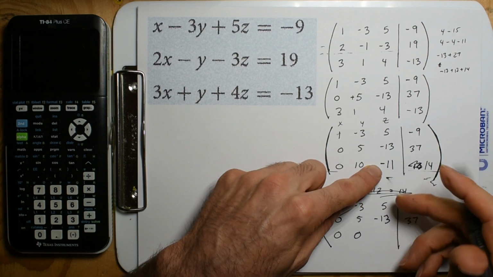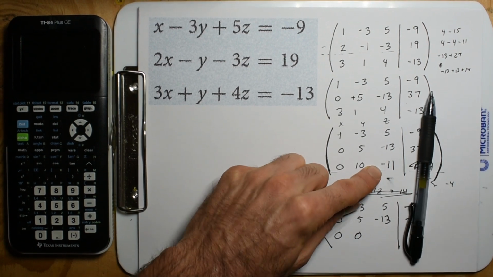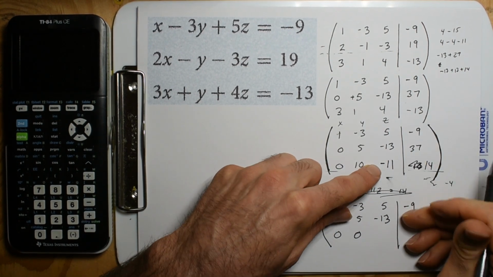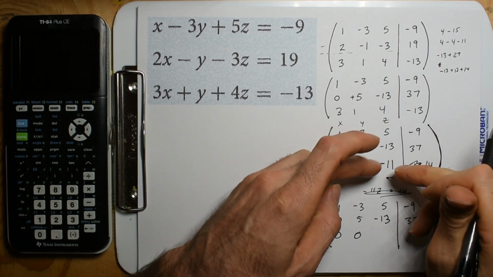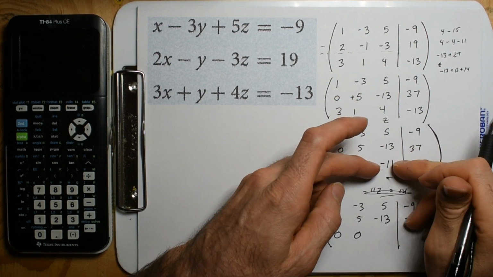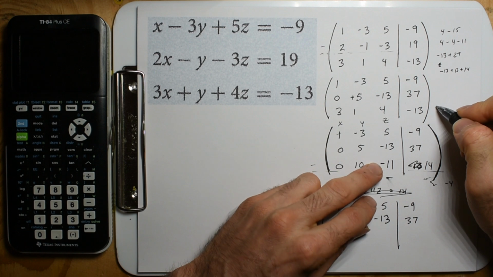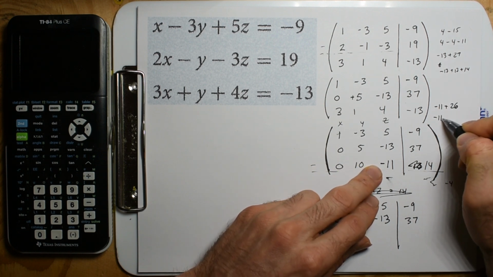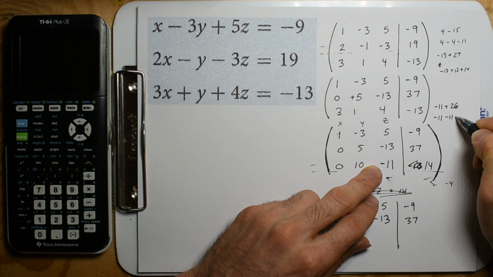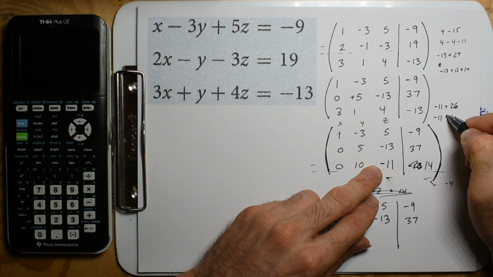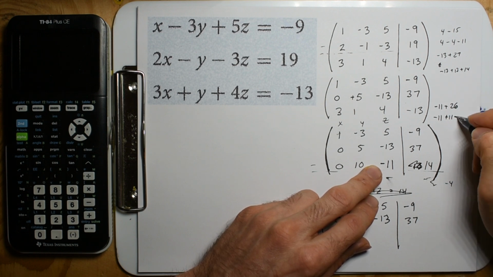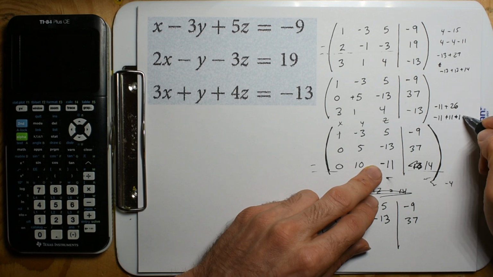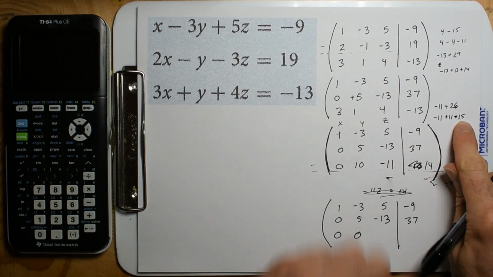Okay, so we have negative 11 minus a minus, so negative 11 plus 26. I don't know any other way to do this, but this is a pretty good method. Negative 11 plus 11 plus 15, right? 11 plus 15 is 26.